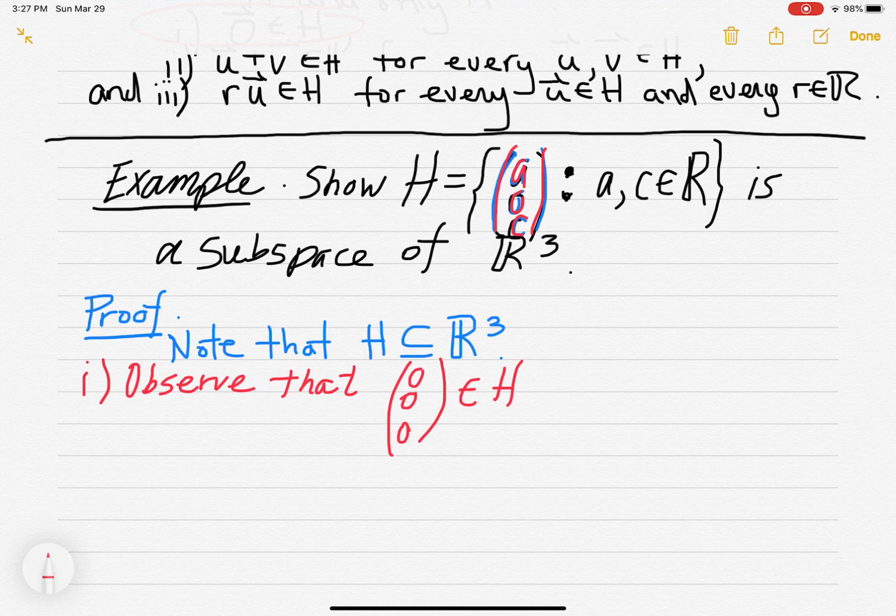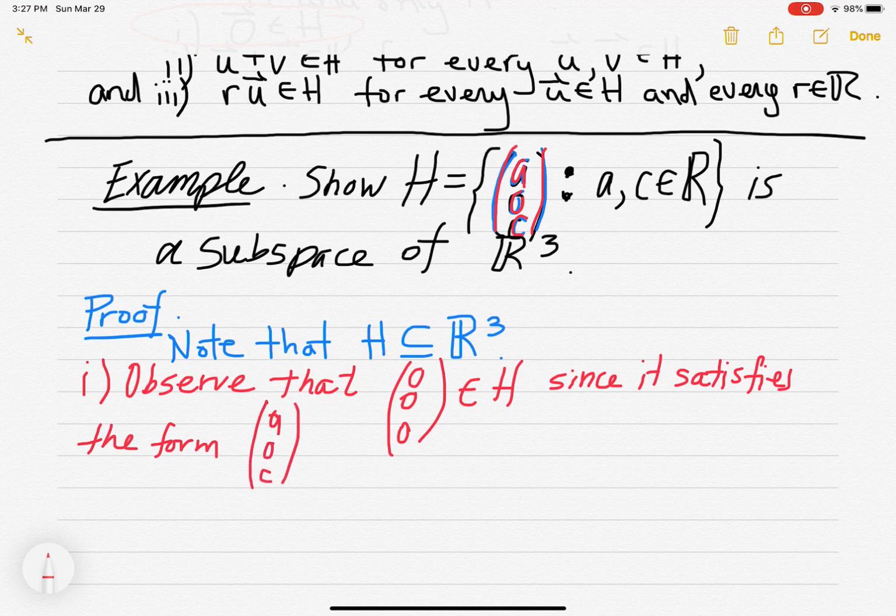So that would definitely show up in H. So I'm going to say, observe that the 0 vector is in H, since that vector satisfies the form A, 0, C by setting A and C both equal to 0. Just plug in 0 for A and C, and you get the 0, 0, 0 vector. Okay.